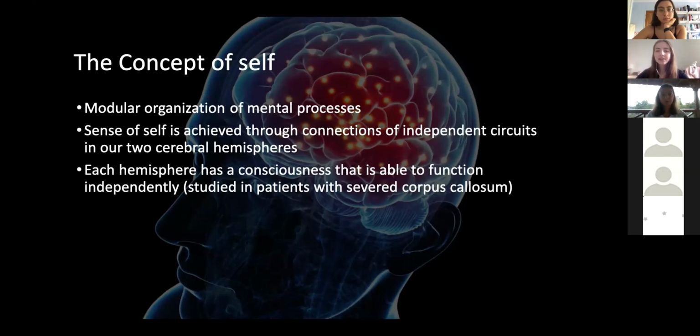And something that's really interesting is that each hemisphere on its own, left to its own, could have its own consciousness, could have its own thoughts. And this has actually been studied in patients where the corpus callosum, which is the connection between the two brain hemispheres, has been severed or split for any number of reasons.